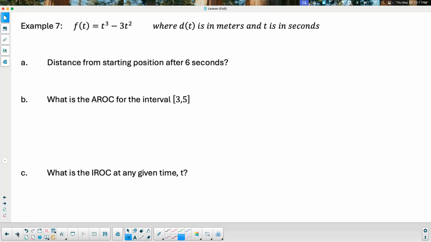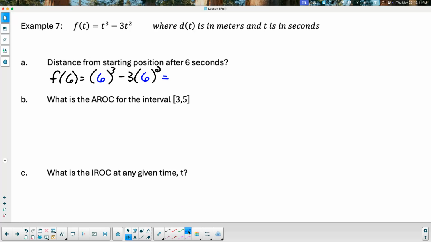Okay. Distance from the starting position after 6 seconds. So that would be f of 6 we were looking for here, because that's the function. So that's going to be 6 cubed minus 3 times 6 squared. Six cubed is not that big actually.